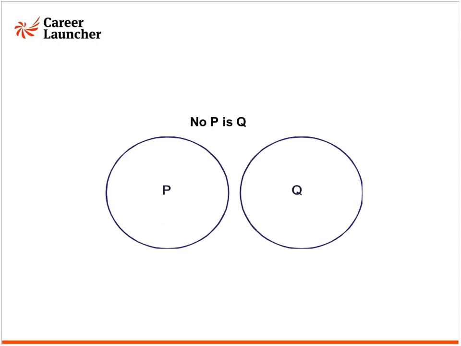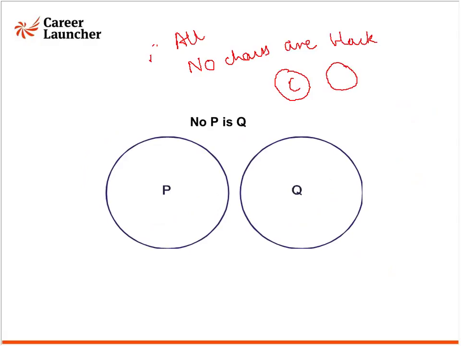Say no chairs are black. So yeah, we can see there are two distinct sets, of chairs and black. None of them collide.